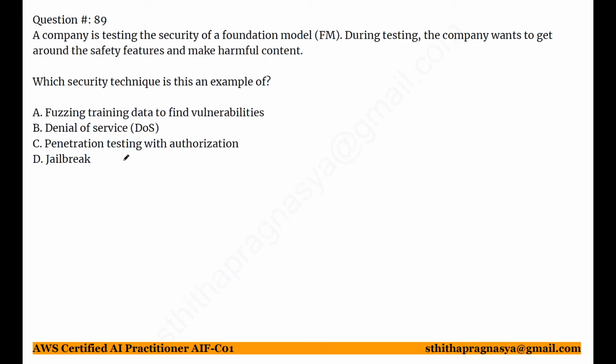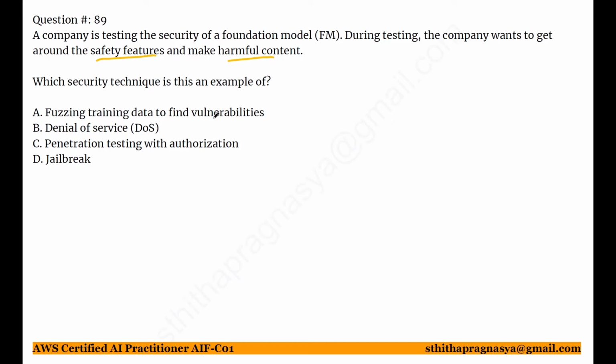The question here describes a security testing scenario where a company tries to bypass the safety features of a foundation model to generate harmful content. The goal is to identify which security technique this represents.